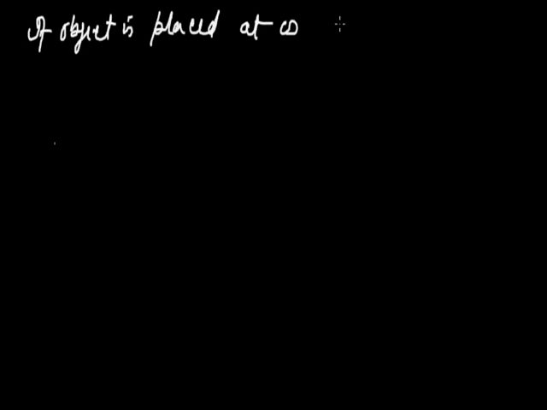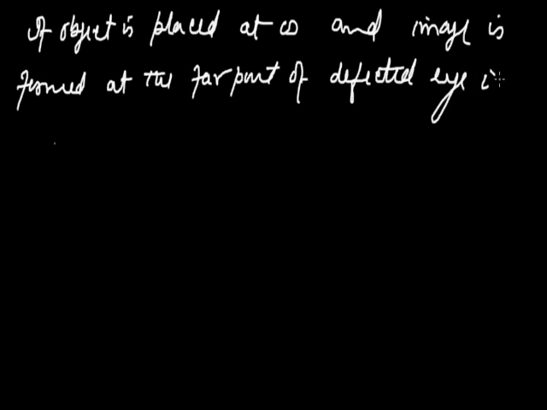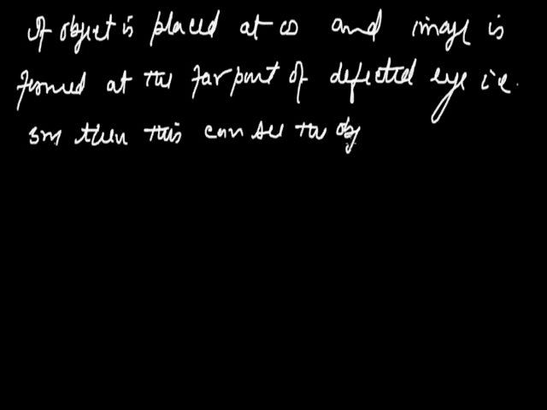If the object is placed at infinity and the image is formed at the far point of the defected eye, that is 3 meter, then this eye can see the object clearly.